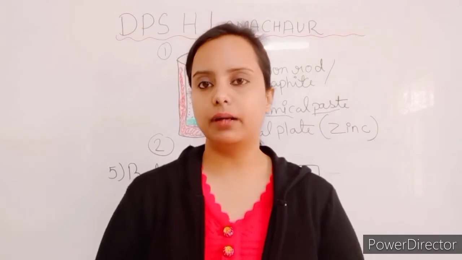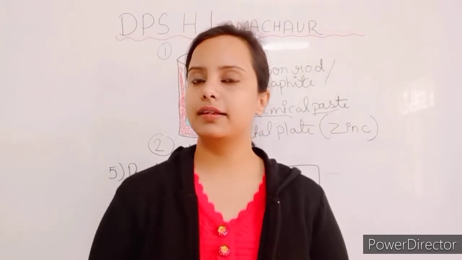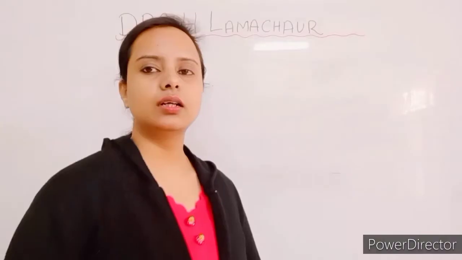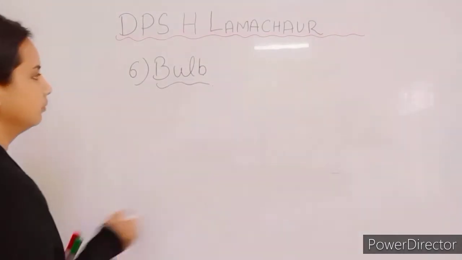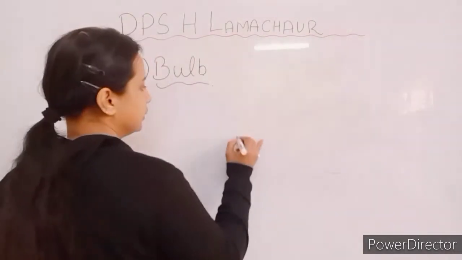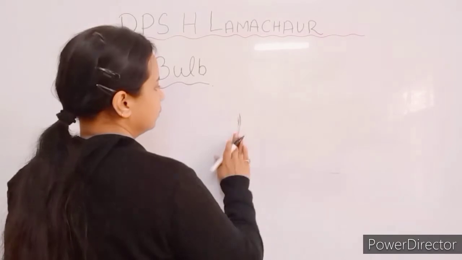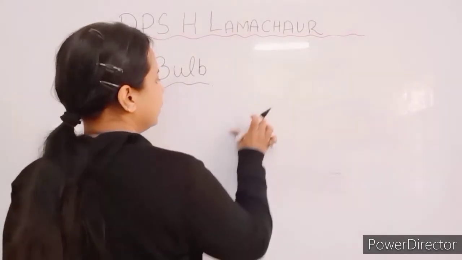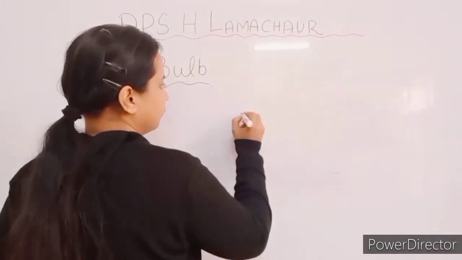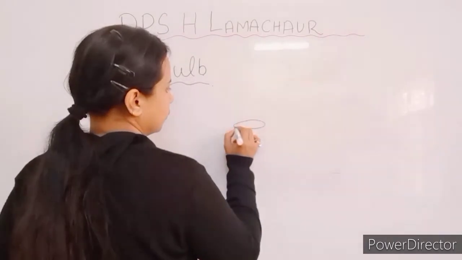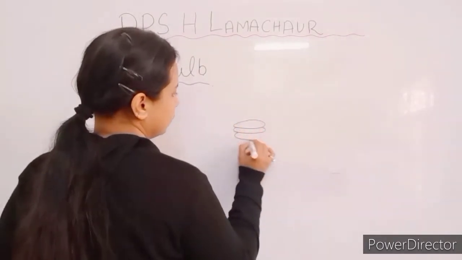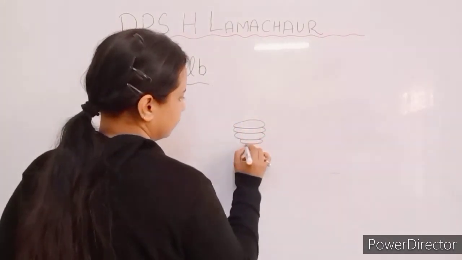Now what is a bulb and how does it glow? Let's see this now. Here I am making a diagram of a bulb.